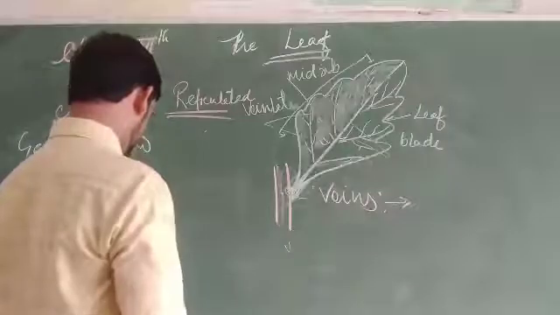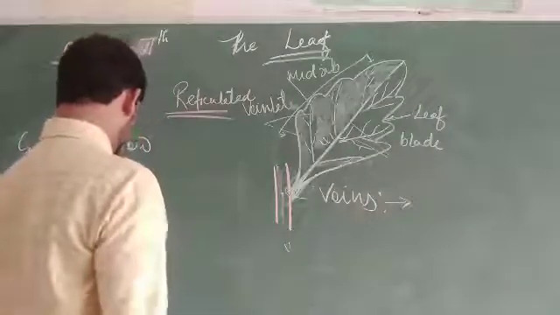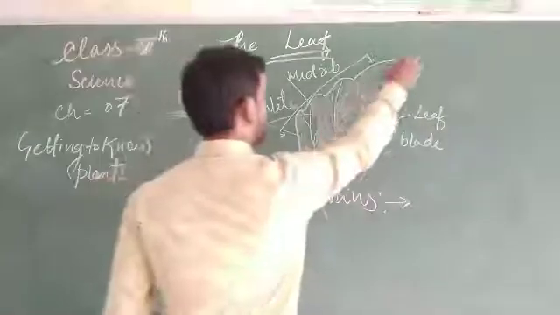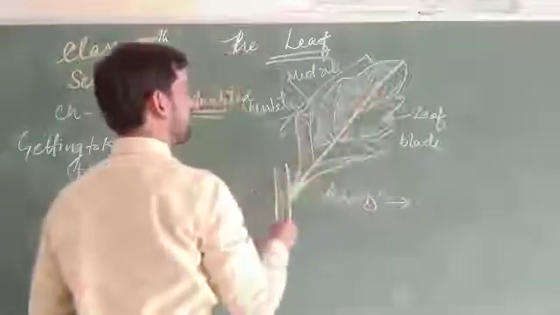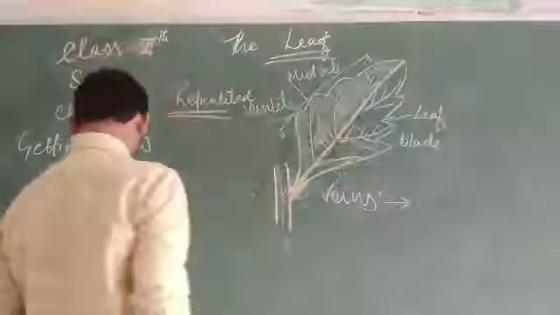The thin vein in the middle of the leaf is called the midrib. This one is the middle vein. This one is called a midrib.